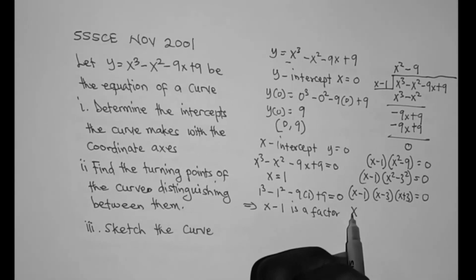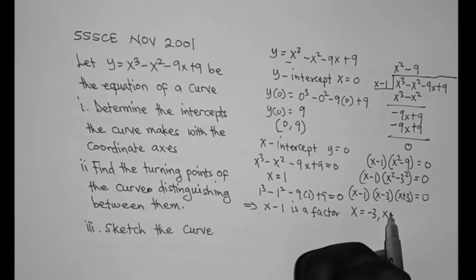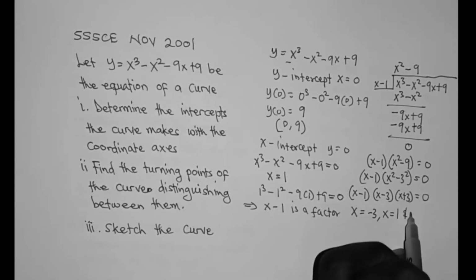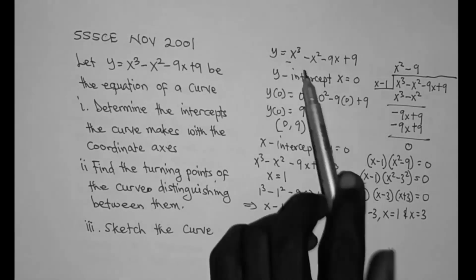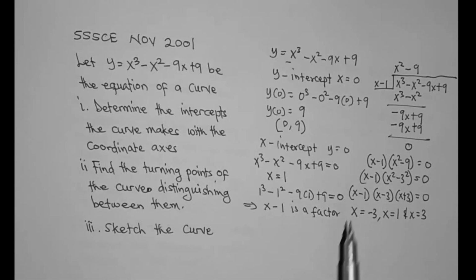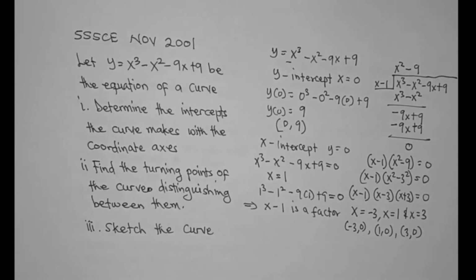So the values of x are x equals minus 3, x equals 1, and x equals 3. So these are the x-intercepts of the curve. So this means that we have the point (minus 3, 0). Then we also have the point (1, 0). And then we have the point (3, 0) on this curve.